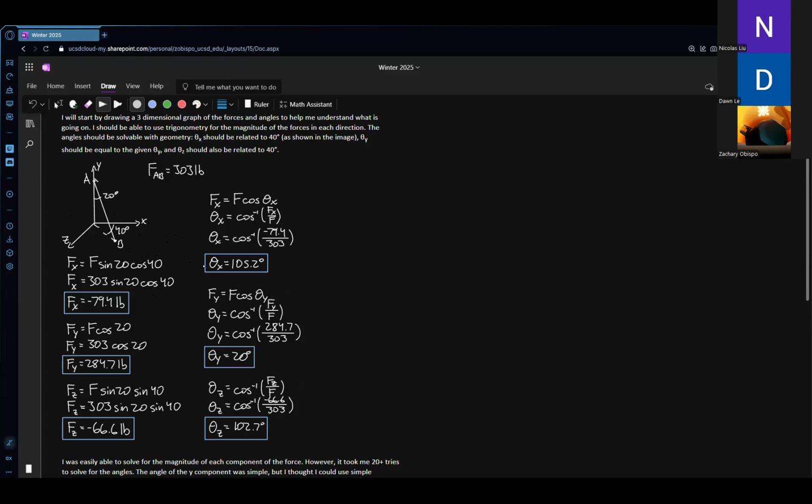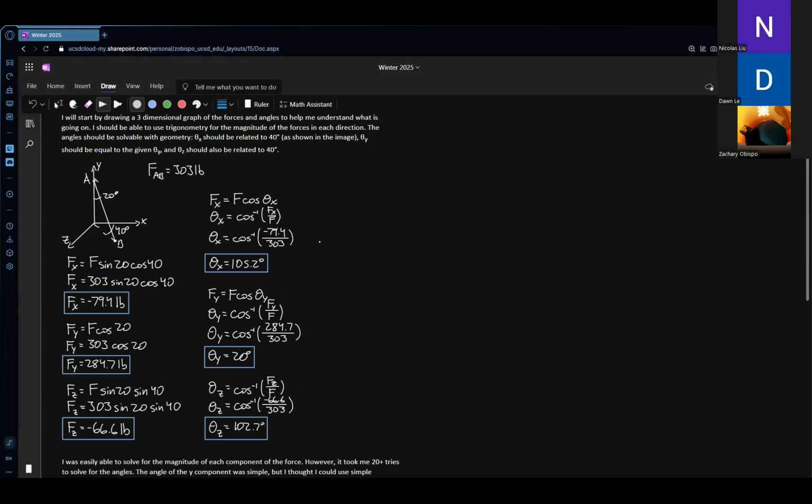You multiply that by another cosine so that the force gets shifted over to give the X component you want. You can simplify it to the magnitude of the force, sine of the Y angle, cosine of the X angle. Once you plug in all these values, you get the force in the X direction. You basically repeat this process for Fy and F of Z.